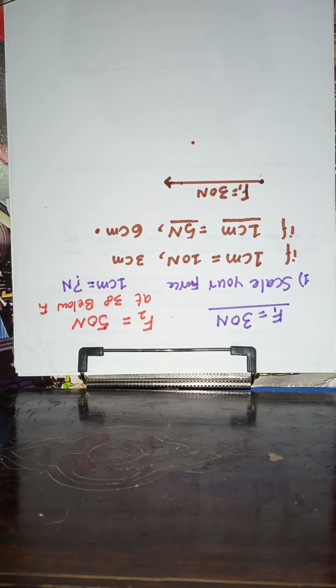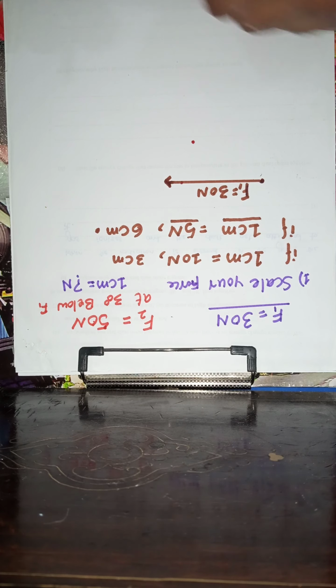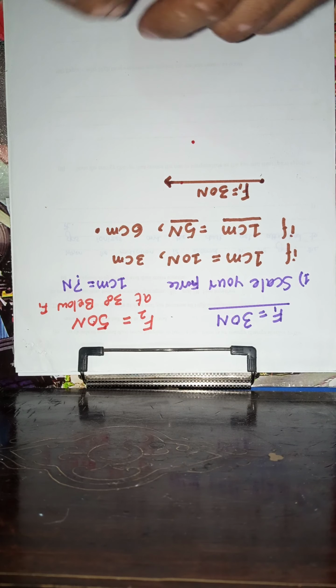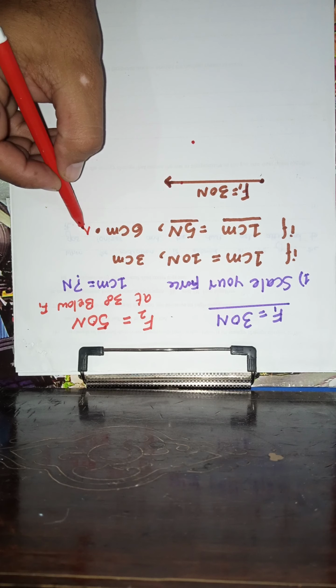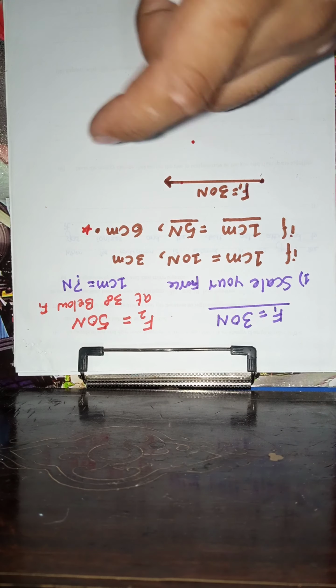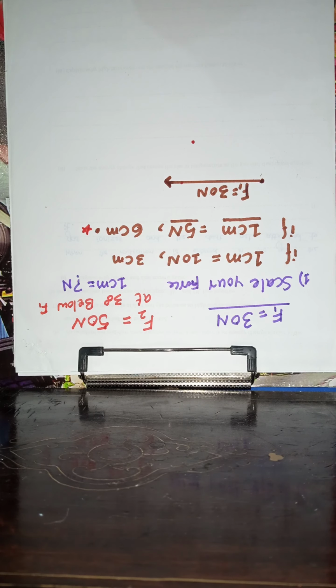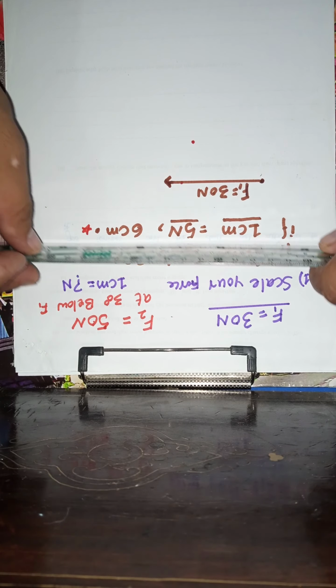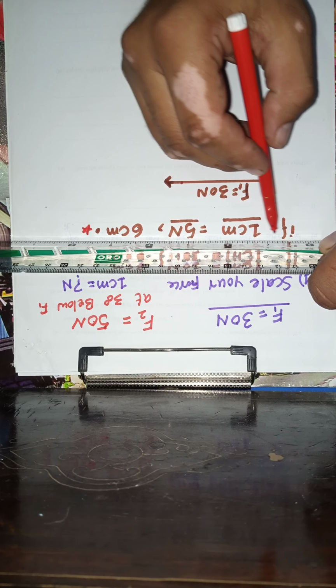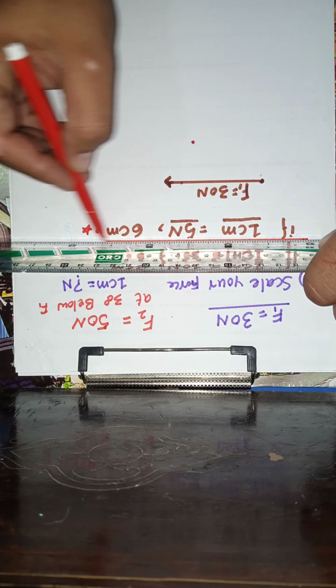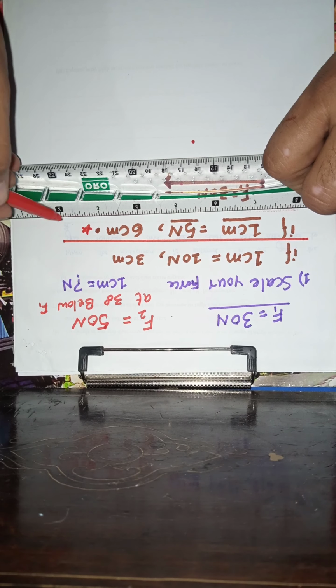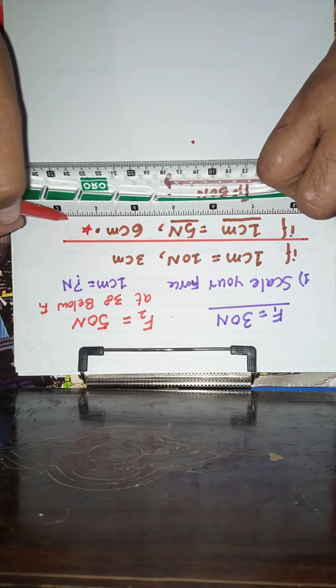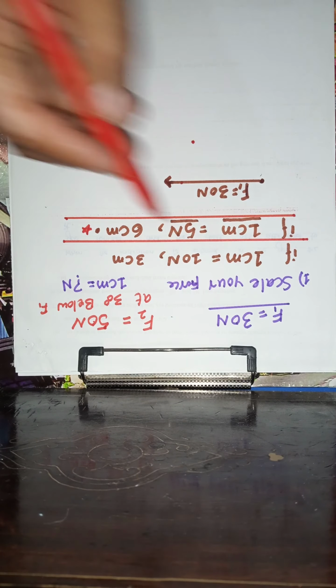Now I will remove it, and I will draw a straight line, but that straight line would follow this scale because I have selected this scale. That means 1 centimeter is equal to 5 newton. According to this scale I would draw the force over here.